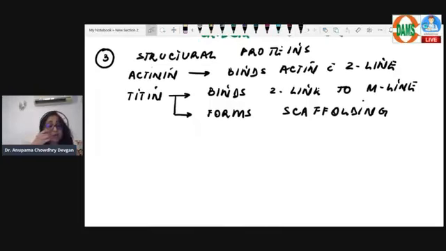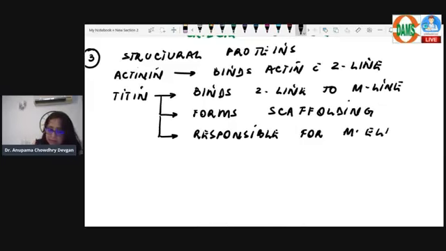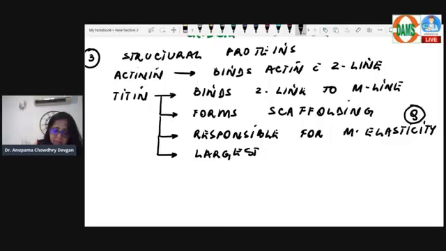Number 3, this is responsible for muscle elasticity, which has been asked as a question. Which protein is primarily responsible for muscle elasticity? Your answer is titin. This is the largest known protein.